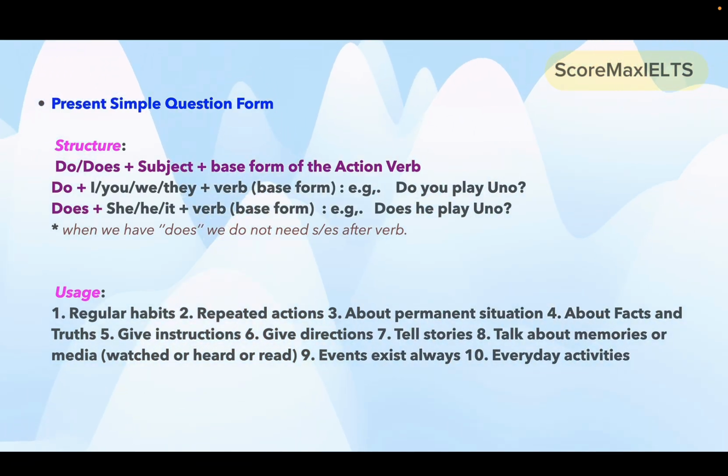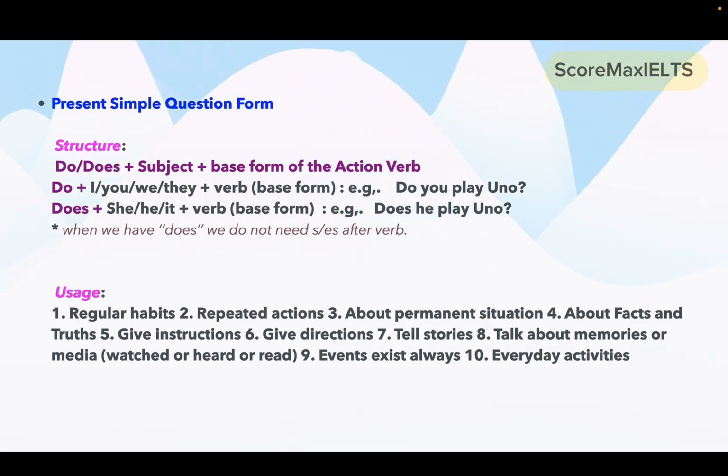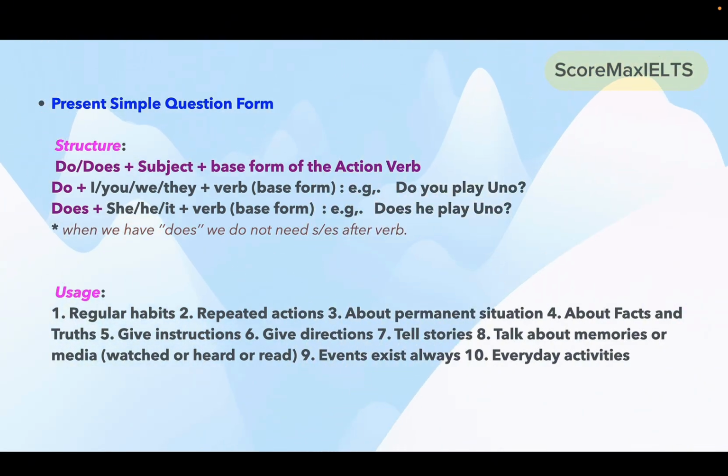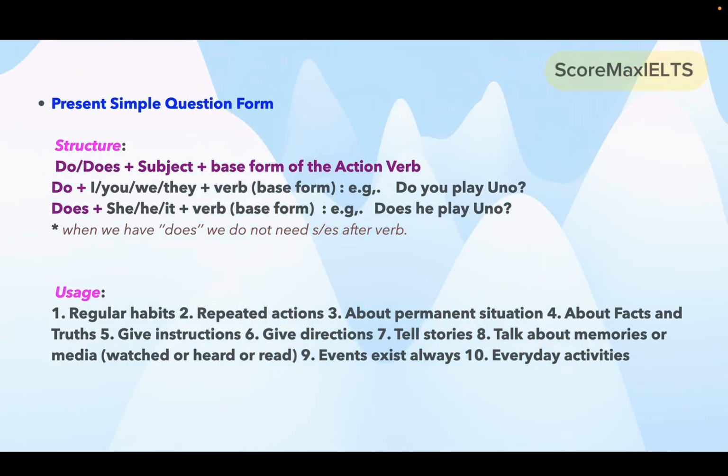We have just talked about affirmative and negative forms of present simple, and now it's time to talk about present simple question form. When our purpose is to make a question by the use of present simple tense and our verb is not a to-be verb, we need helping verbs, do and does, just like the negative form.